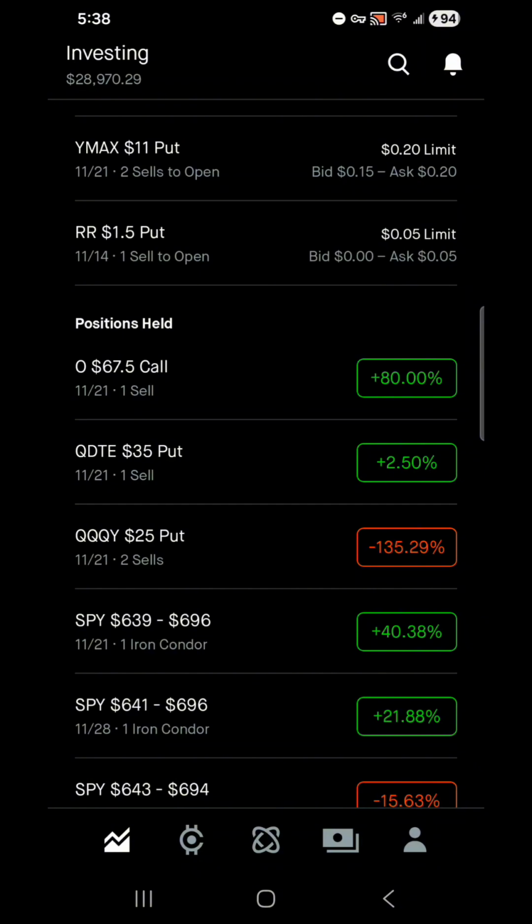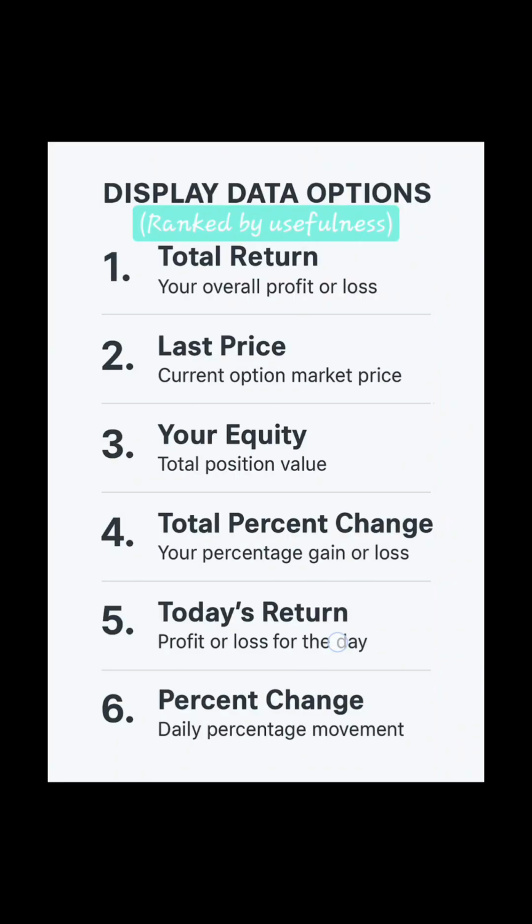So the ones I find most useful, you can see display data for those options ranked by most useful to least useful. First off, I love the total return, shows your overall profit or loss. So if you have a winning position, you can go ahead and close it, take the profit.